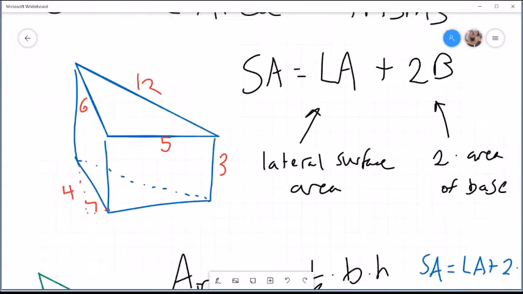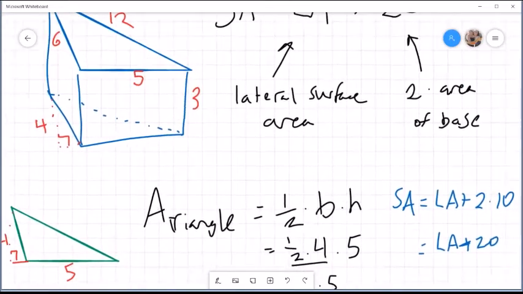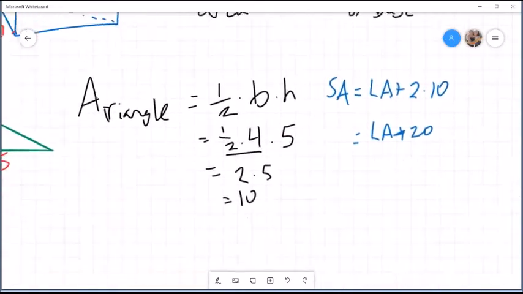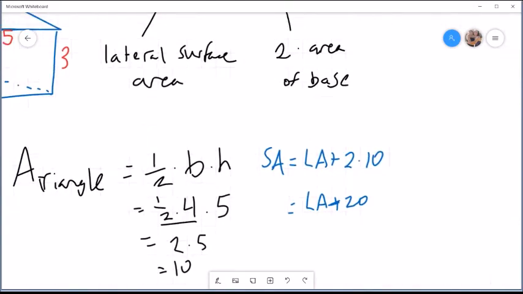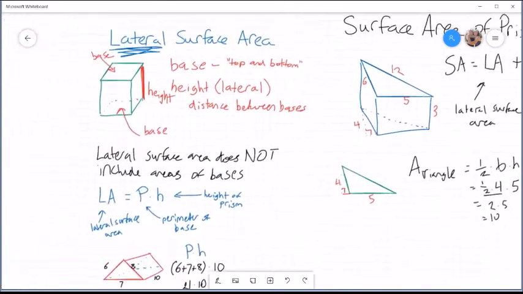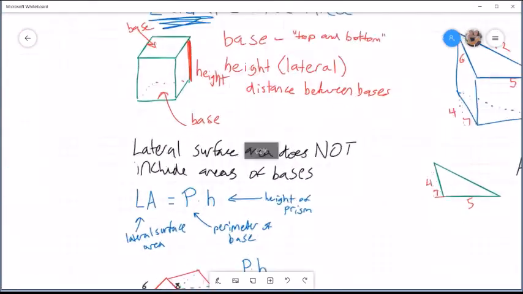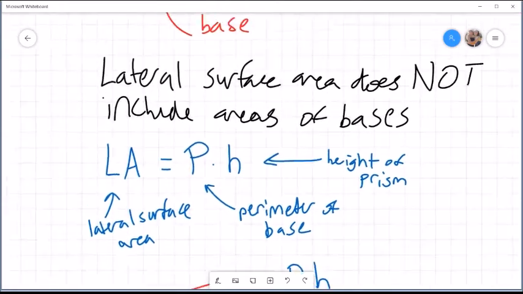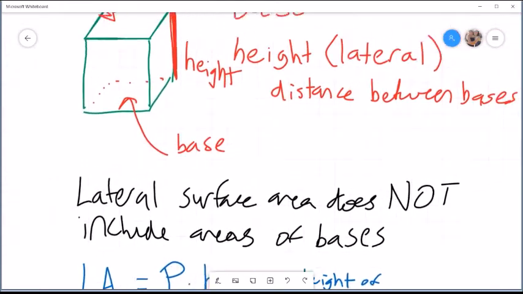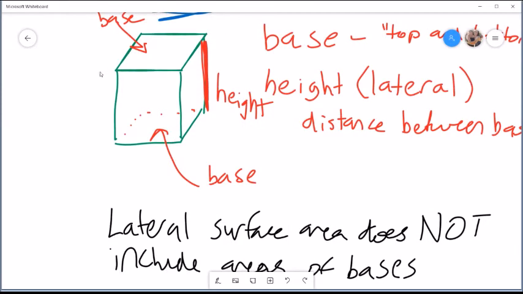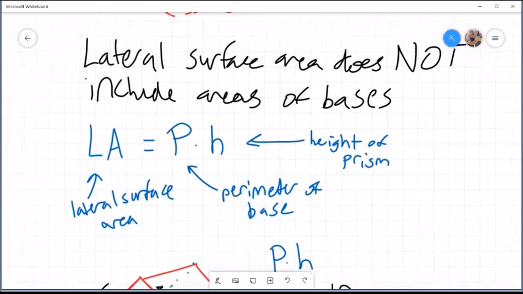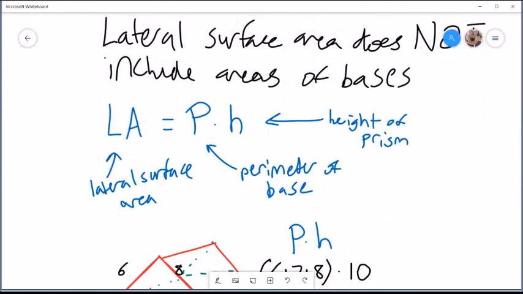We need the perimeter to find the lateral area. If we go back to yesterday's, the lateral area, which is the area around the outside, is the perimeter of the base times the height of the prism.